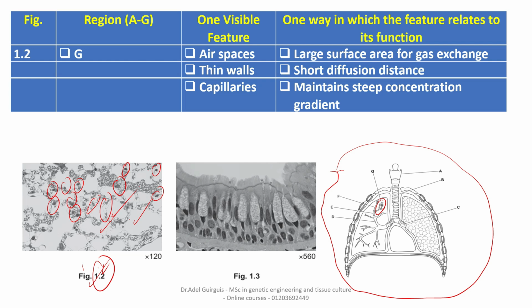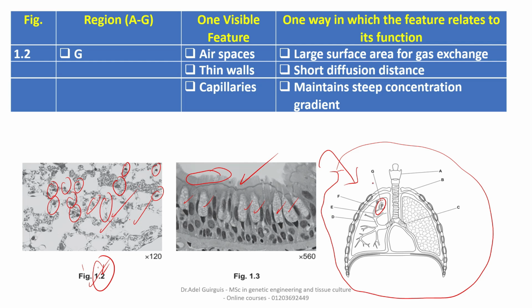What about figure 1.3? From which organ did we make this slide? Here, there are a lot of goblet cells and ciliated epithelial tissue. From which organ?